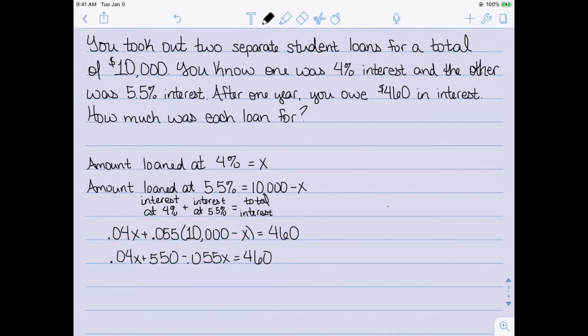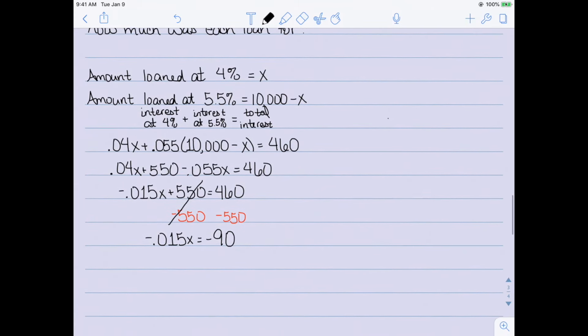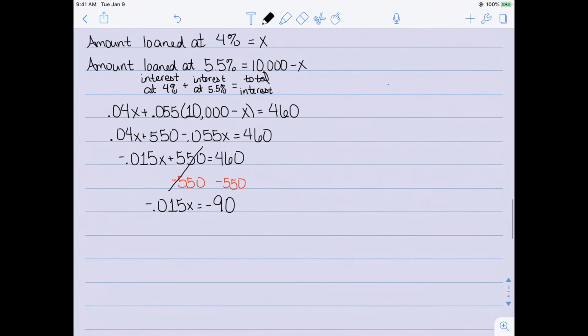We can then combine like terms. That gives us negative 0.015x plus 550 is equal to 460. We can subtract 550 from both sides. That gives us negative 0.015x is equal to negative 90.